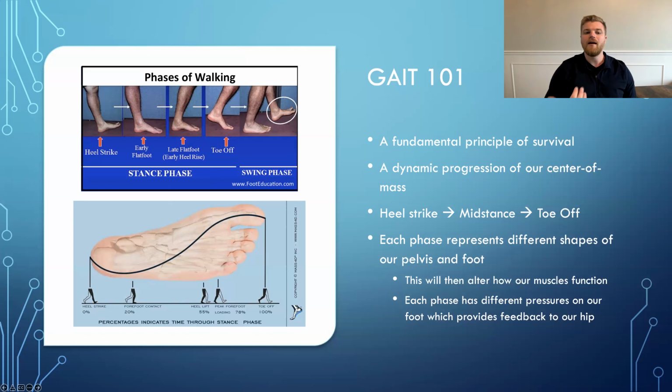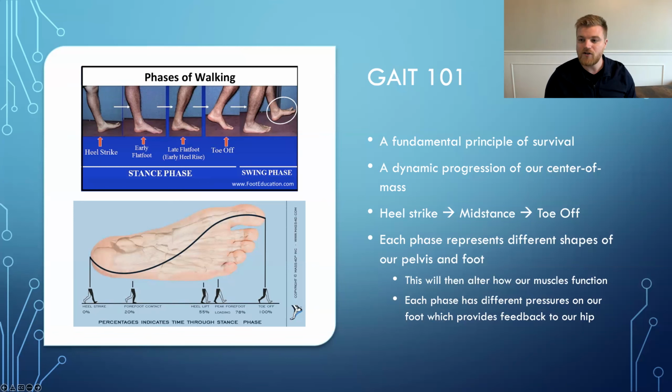That momentum allows us to not use a lot of muscle activity in a concentric manner to push us forward, but instead keeps the muscles, for example, like the calf, in more of an isometric contraction position to allow the tendon to be able to use the elastic energy, like an elastic band, to push us forward.